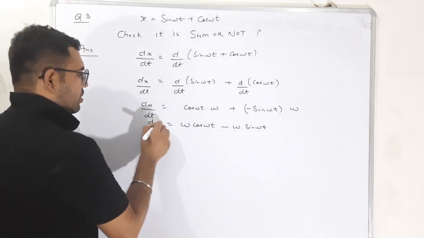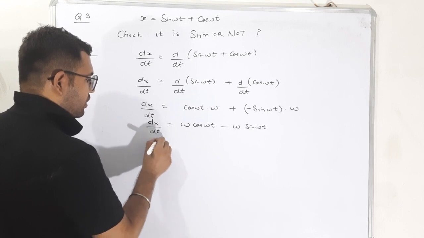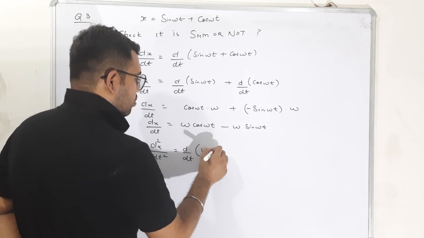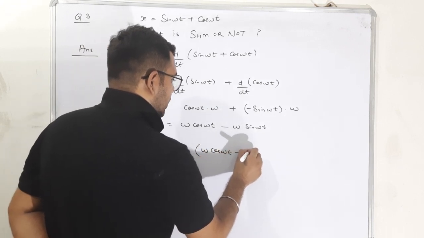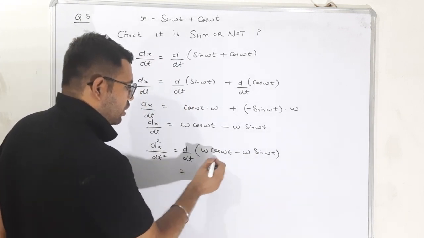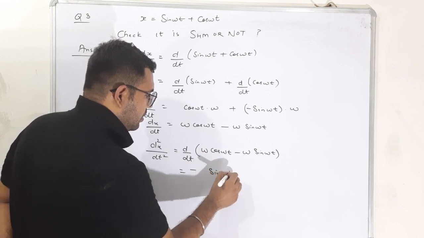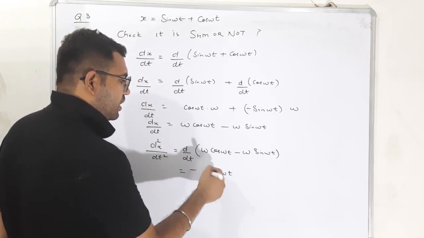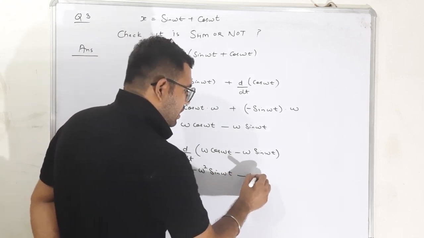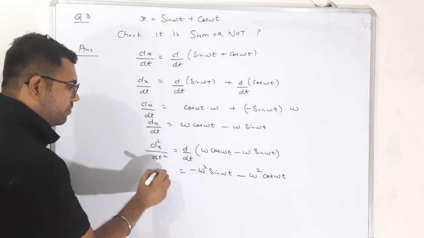This is dx by dt, and you have to differentiate it again. So d square x by dt square becomes d by dt of omega cos omega t minus omega sin omega t. So on differentiating, cos omega t becomes minus sin omega t, and omega again comes out, so that becomes minus omega square sin omega t, and minus omega cos omega t, and omega comes out, that becomes minus omega square cos omega t.